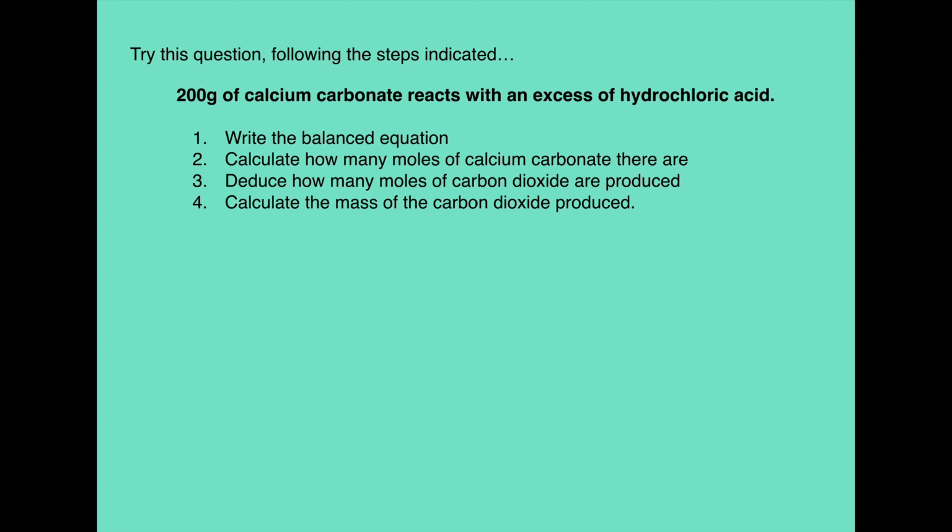200 grams of calcium carbonate reacts with an excess of hydrochloric acid. We need to follow the steps indicated. So first, a balanced equation. Calcium carbonate plus HCl. I'll be careful here. Carbonate ions have got a charge of 2-.